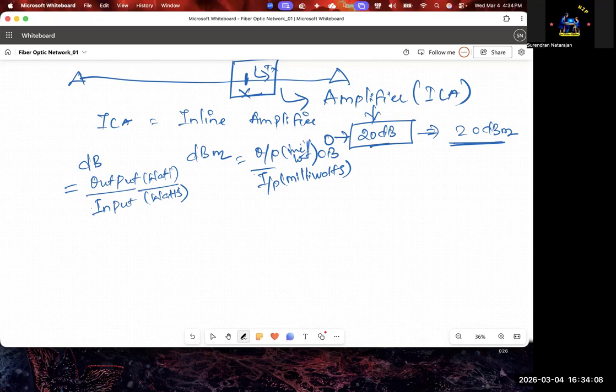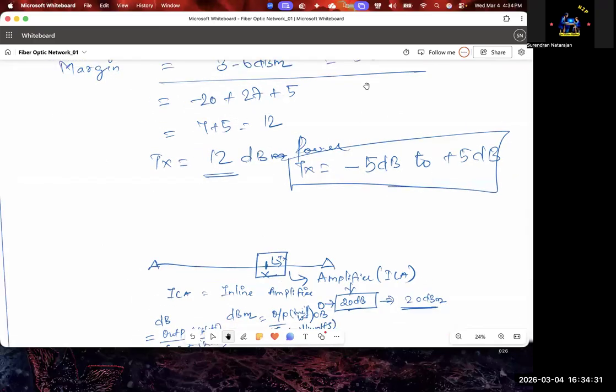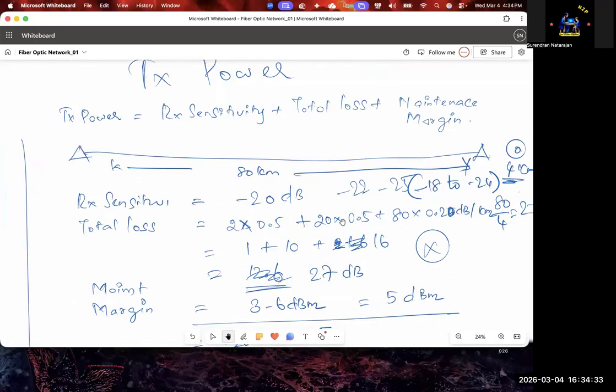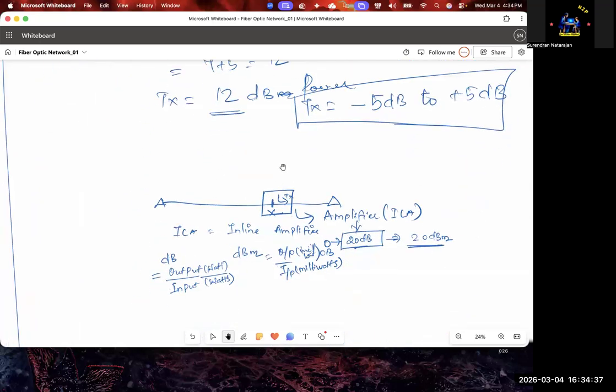Okay, so when we go back to the same exercise, we put an amplifier here. 80 kilometers. So what transmit power is required? 12.